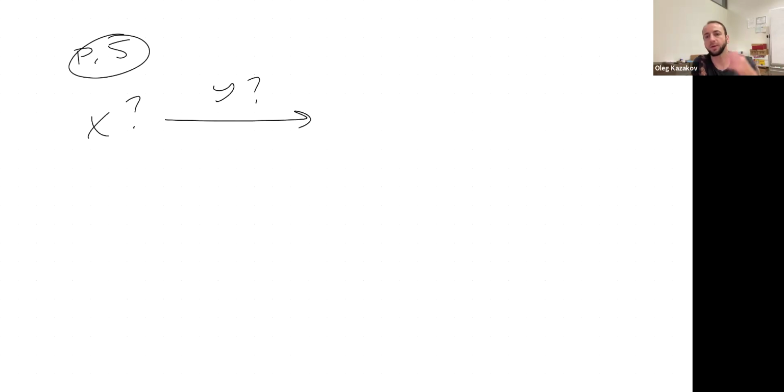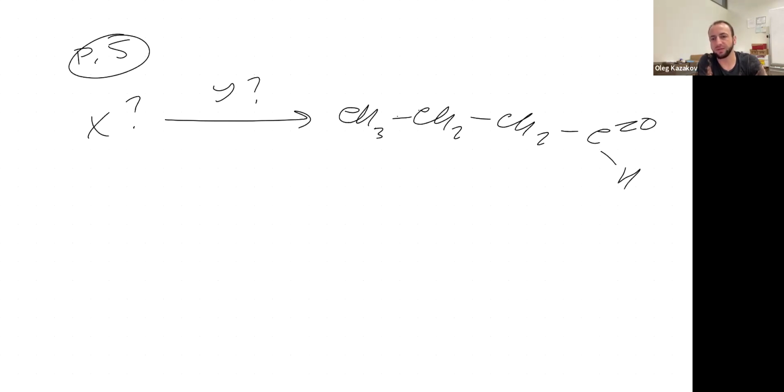We are going to do another oxidation, actually of a primary alcohol to the aldehyde. Some reactant that we need to show, under certain conditions, will give us this compound, which contains this functional group.